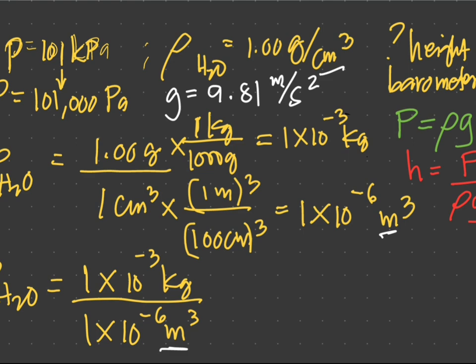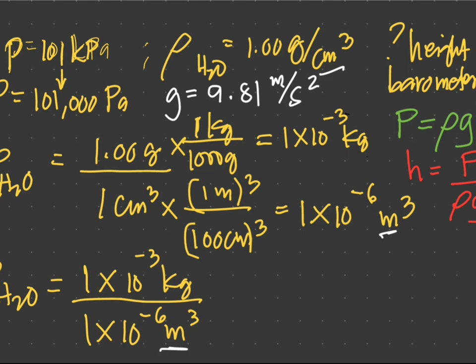But in the problem, we're given the pressure. See, what would be the height of the column in a barometer if the external pressure was 101 kilopascal and water with density 1 gram per cubic centimeter was used in place of mercury?